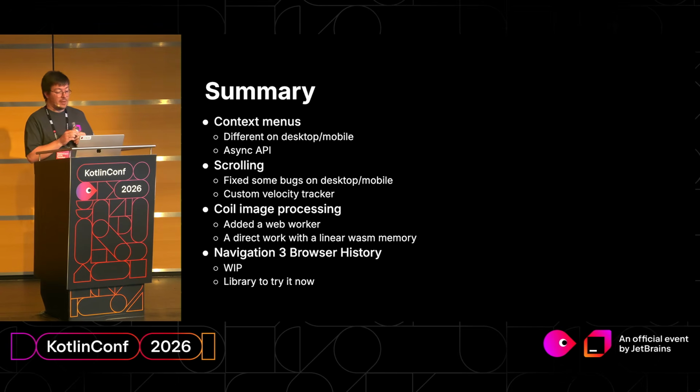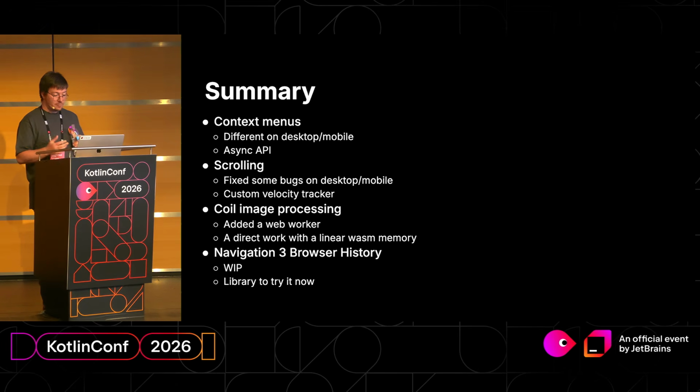Let's summarize. I showed you how we work with context menus, right? They are different on desktop and mobile, and we had to re-implement APIs to be async. For scrolling, I fixed a few, maybe strange, bugs in our code base, but anyway, I made some adjusted point inside the velocity tracker.